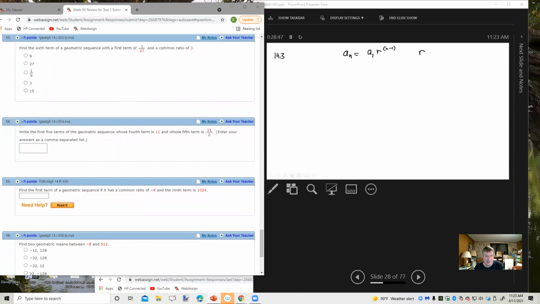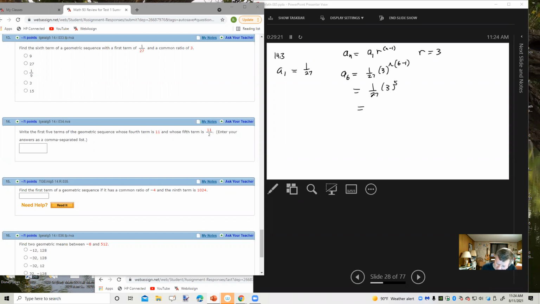So a sub 1 times r is a sub 2, a sub 2 times r is a sub 3. Here they say the first term is 1/27th, and the common ratio is 3. So the sixth term, a sub 6, is going to be 1/27th times 3 raised to the 6 minus 1 power, which is 1/27th times 3 to the 5th.